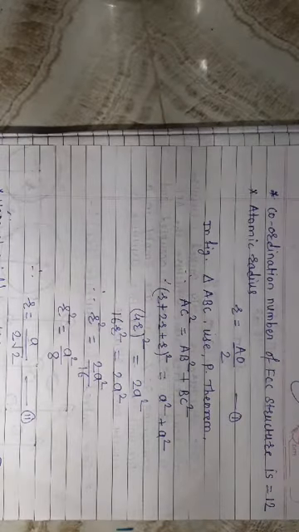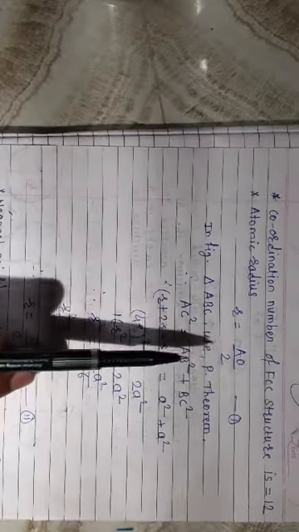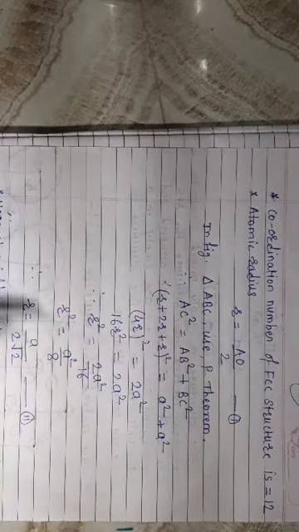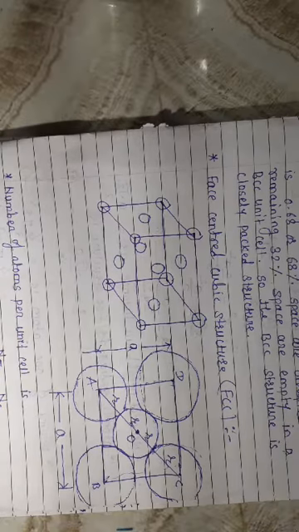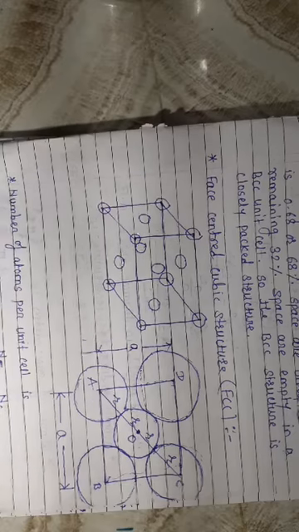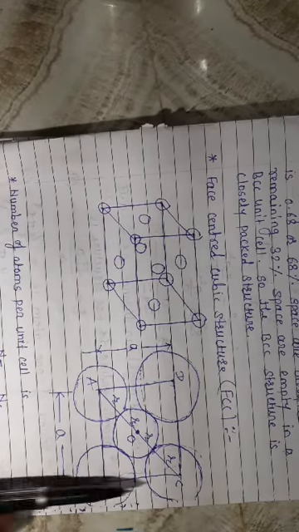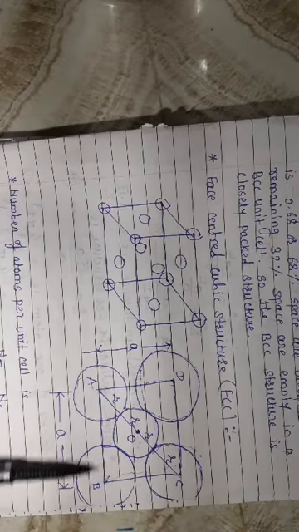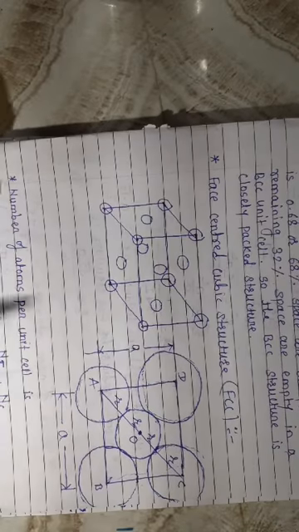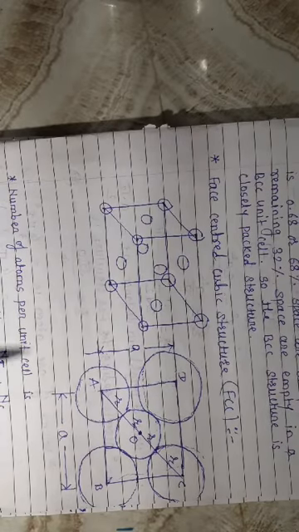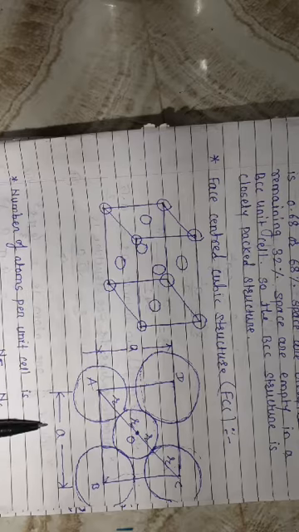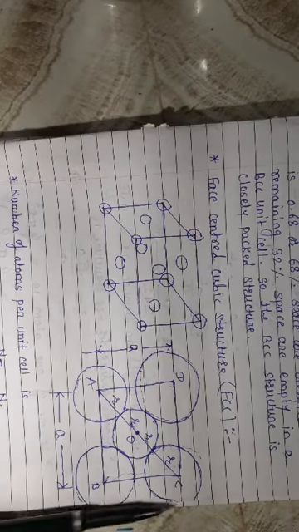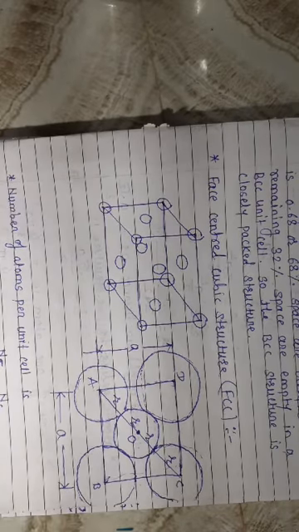Then the atomic radius is OA divided by 2. See in the figure, in triangle ABC, using the Pythagoras theorem, the value of AB is a, and BC is also a, because this is a cubic structure, meaning all the sides are equal.